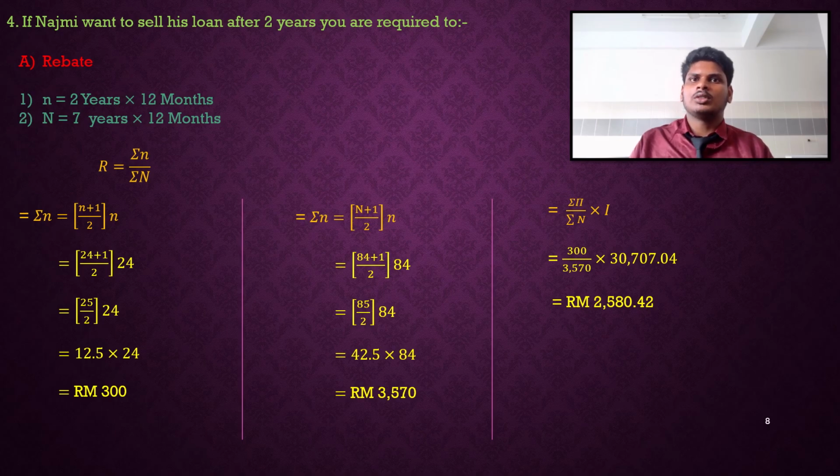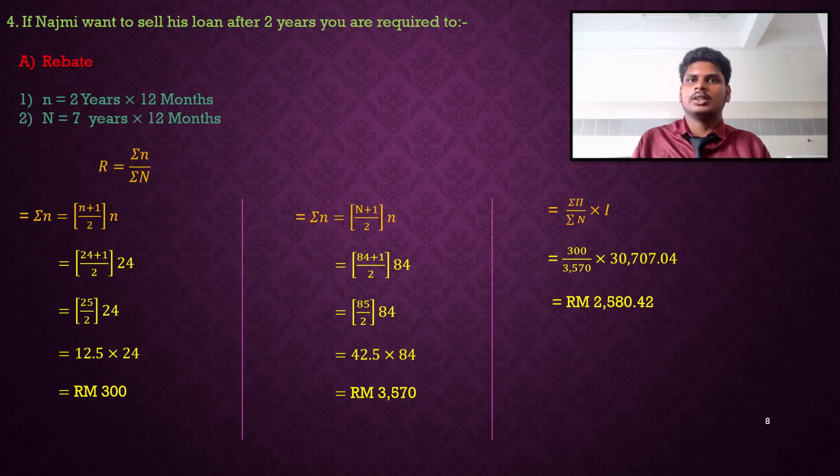The sum of the rebate months equals n times (n plus 1) divided by 2, and the sum of the total loan period equals N times (N plus 1) divided by 2. The rebate R equals the sum of the rebate months divided by the sum of the total loan period, times the interest I, equal to 300 divided by 3,570 times 30,707.04 in interest.